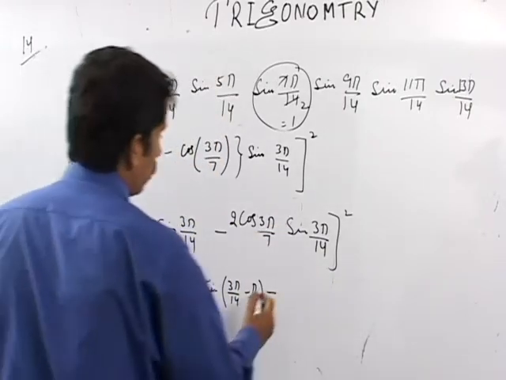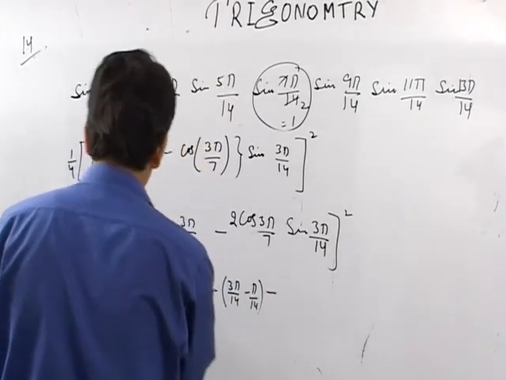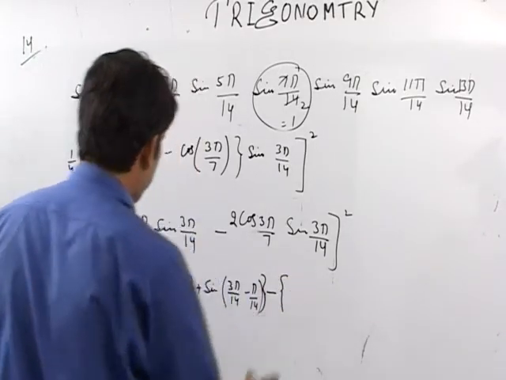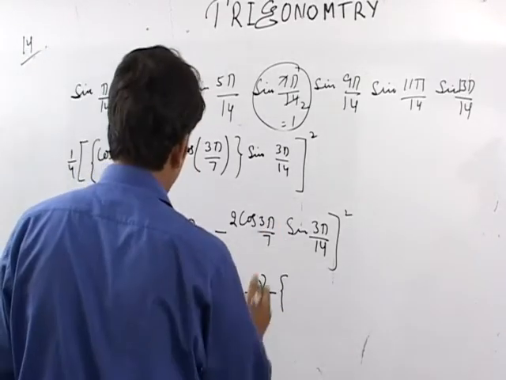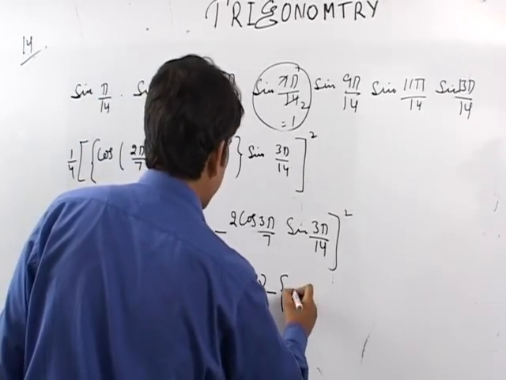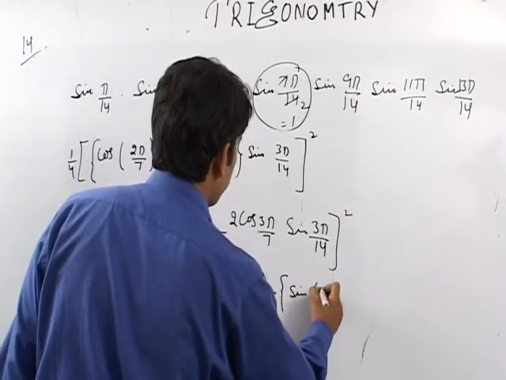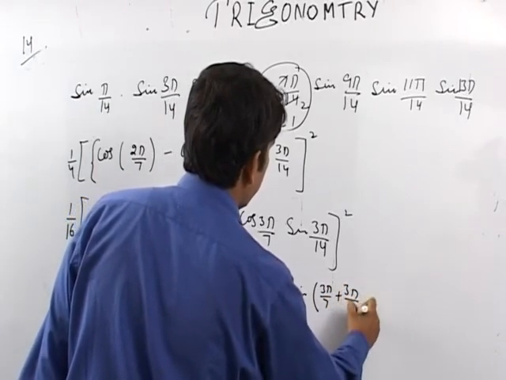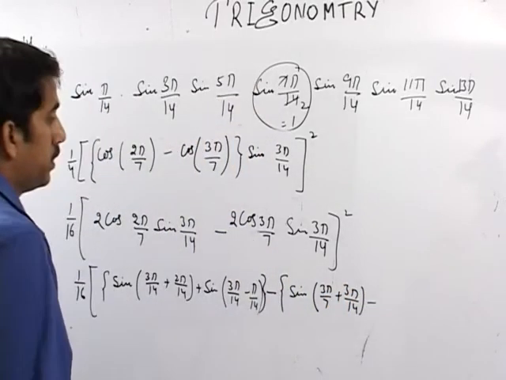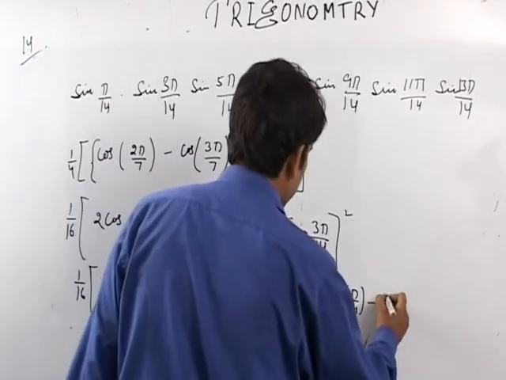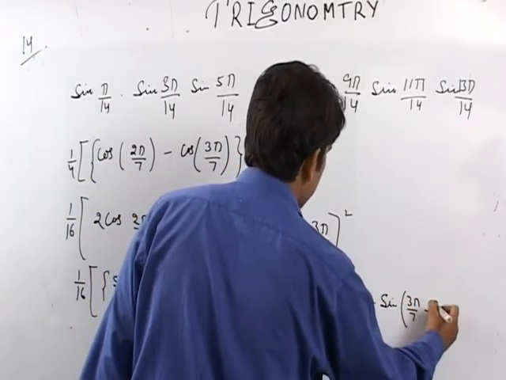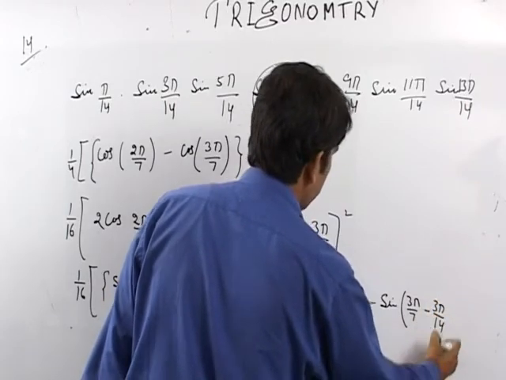So this will be equal to minus of, curly brackets here also. So this will be equal to sine of A plus B minus sine of A minus B.